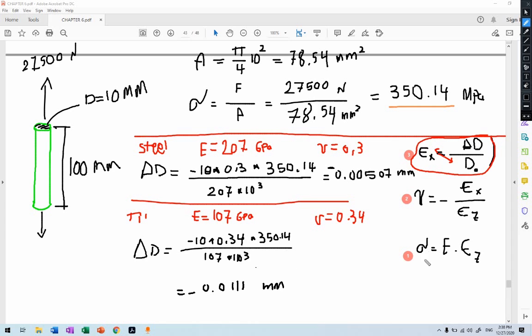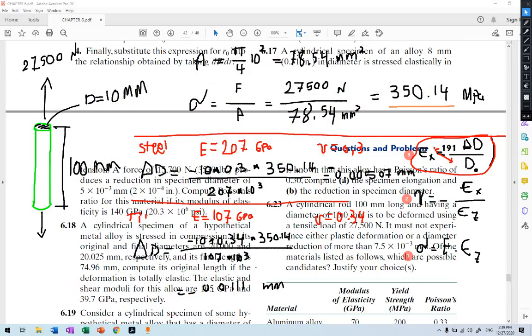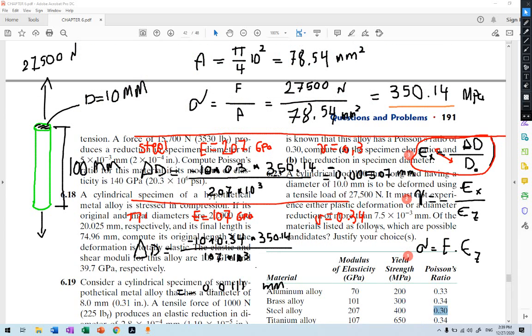If I haven't made any mistake in the calculation, basically those two values we have them. So let's double check them. We have stress over modulus of elasticity, Poisson ratio, times D. That's going to be delta D. Now let's see what do we have there. It says that the maximum supposed to be not more than 7.5 10 to power minus 3.